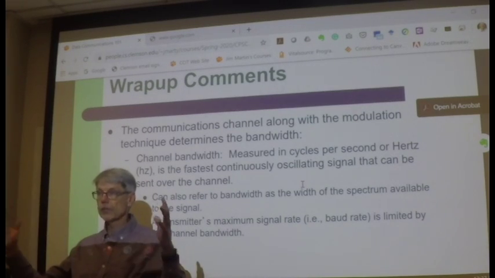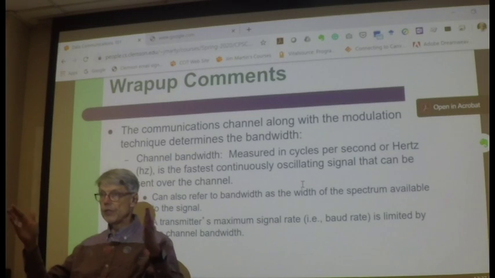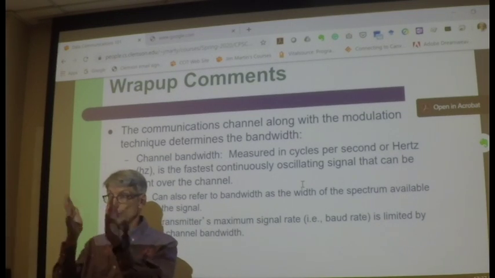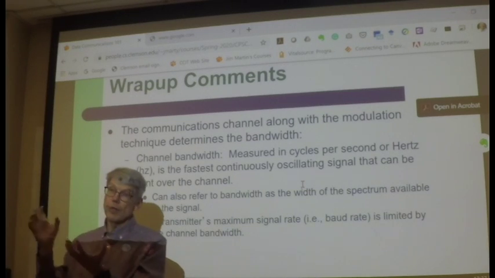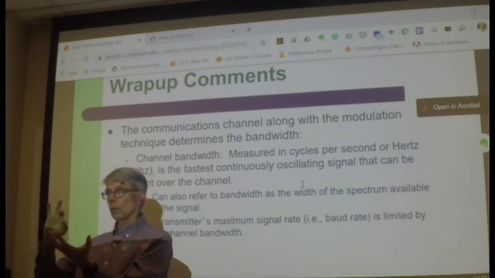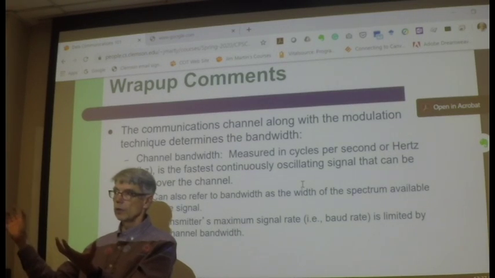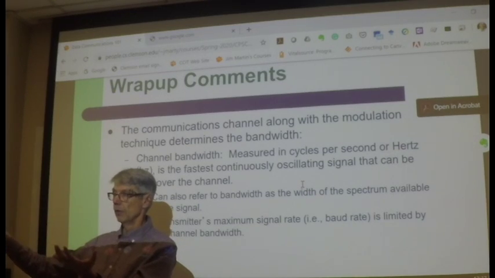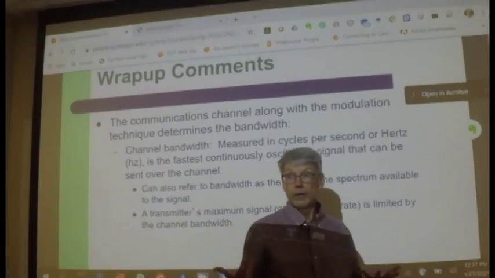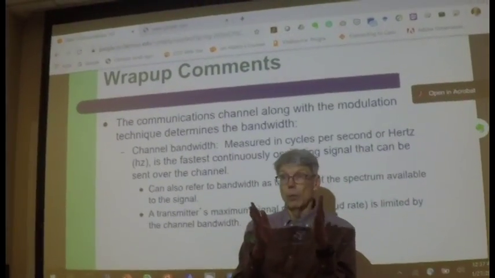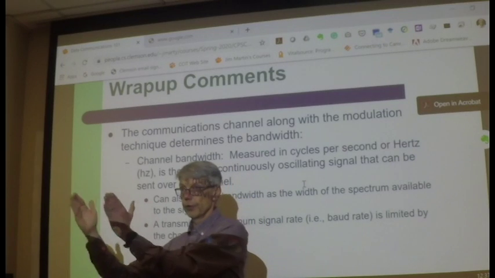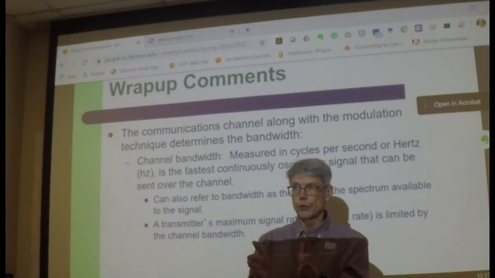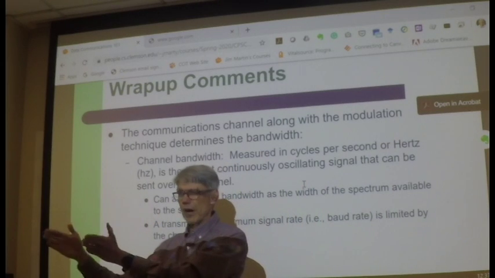With that spectrum, basically the FCC, so the government, has divvied up the spectrum into bands, and they tell who is allowed to use the specific bands. So Wi-Fi has multiple chunks of spectrum: 2.4 gigahertz, 5 gigahertz.